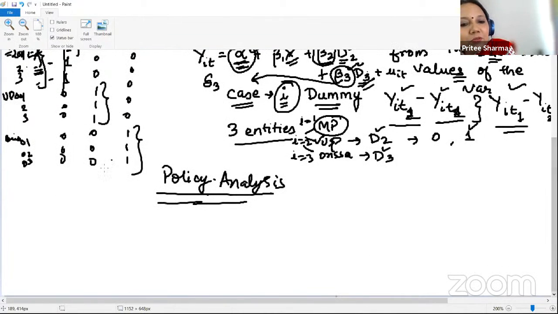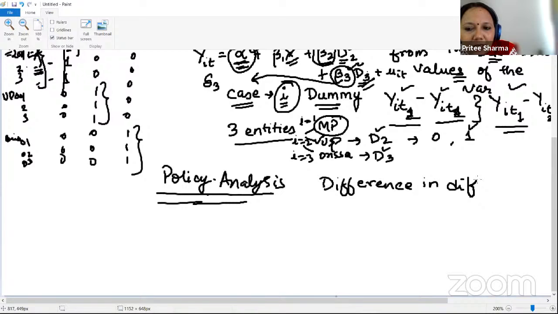So then what we were talking about, we have already done this. It is about policy analysis. The only thing that I did not explain here was how we are going to do the policy analysis, and that will be done through the method of difference in difference. I did mention this, but I don't remember if I have explained it completely.